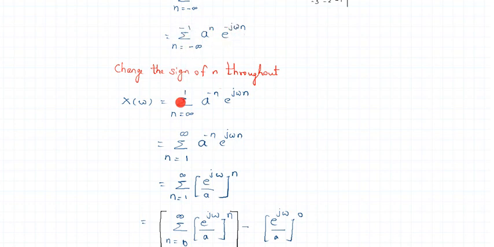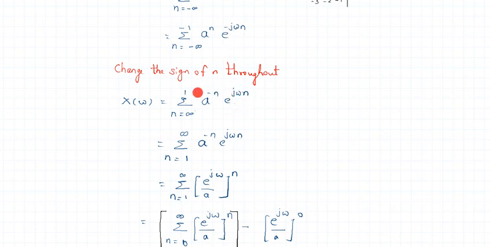So what happened? The limits were minus infinity to minus 1, which changed to infinity to 1. a^n turned into a^(-n). We have changed the polarity of n. Similarly, e^(-j omega n) changed to e^(j omega n).